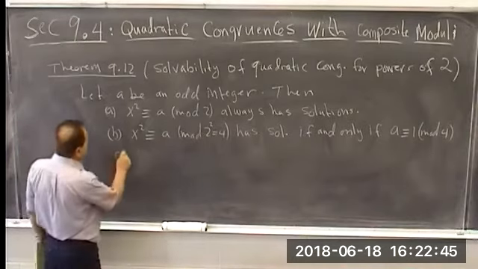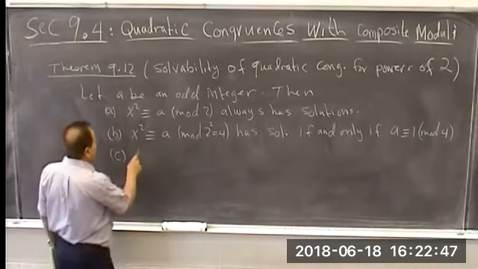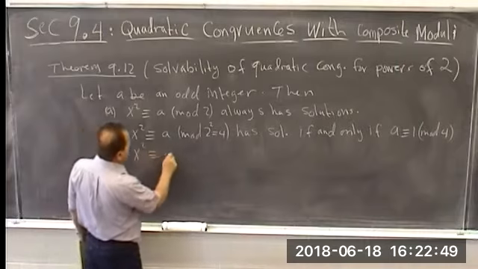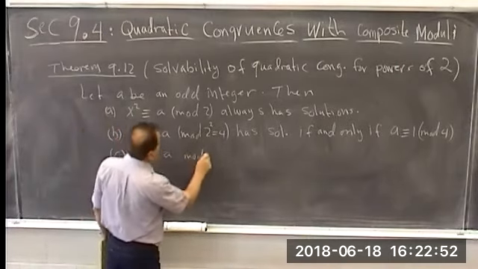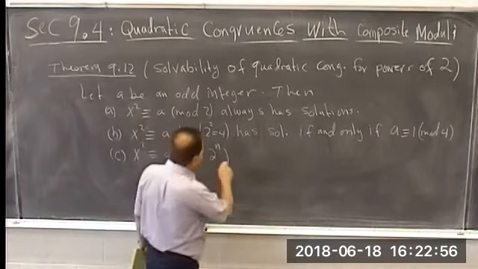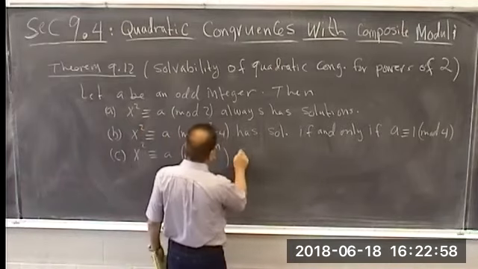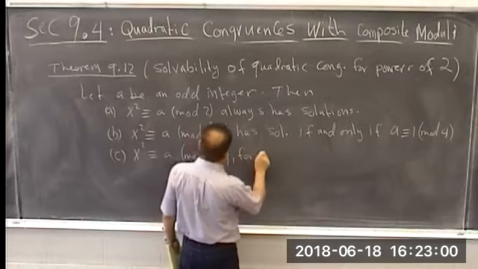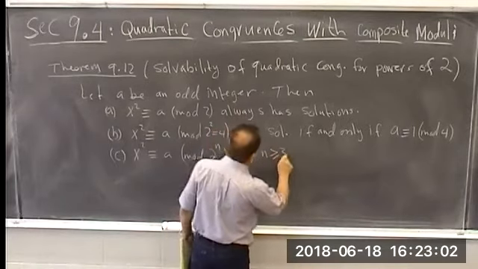The third, x squared congruent to A mod 2 to the n, for n bigger than or equal to 3.